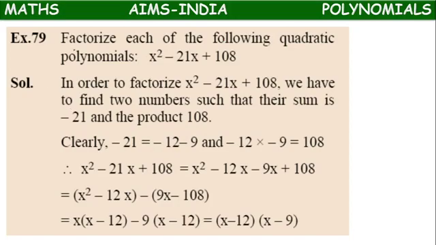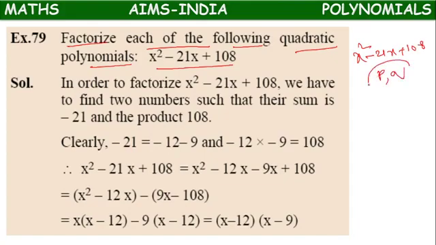Next question. Factorize each of the following quadratic polynomials. x square minus 21x plus 108. So the given polynomial is x square minus 21x plus 108. We need two numbers p and q such that their product is equal to the constant. What is the constant here?